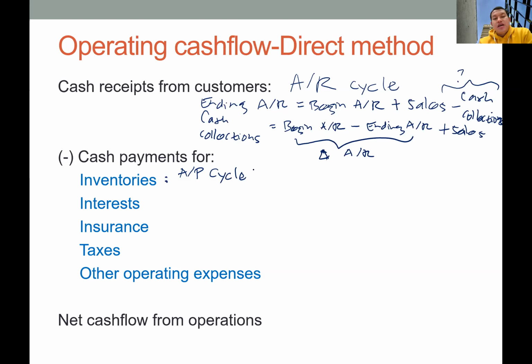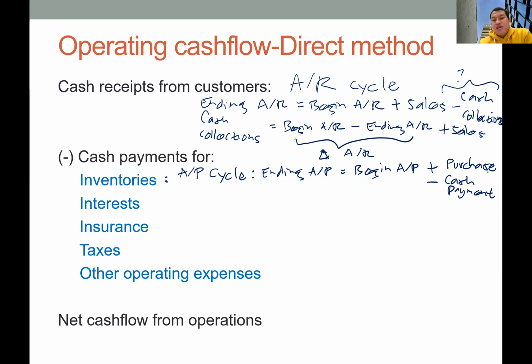This cycle explains that the ending account payable will be equal to the beginning account payable plus any purchases, assuming that all purchases are done on credit, and then minus the cash payment to the suppliers.